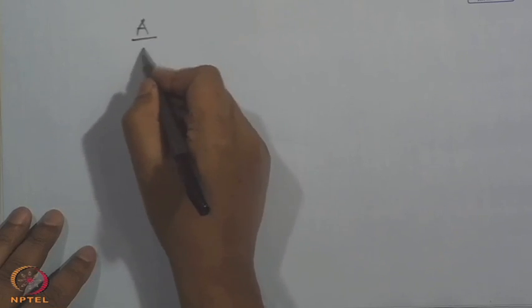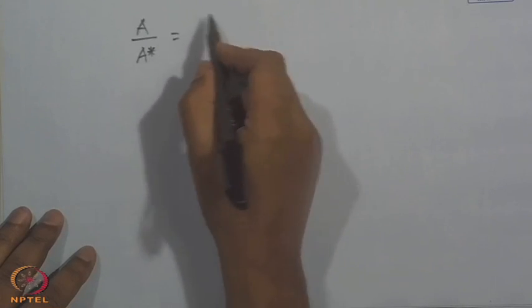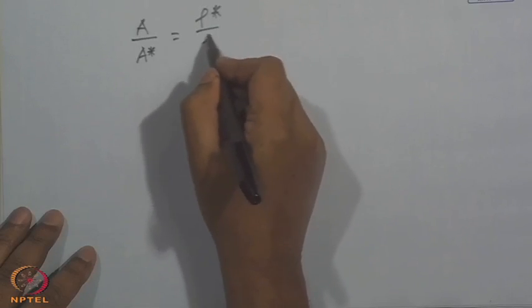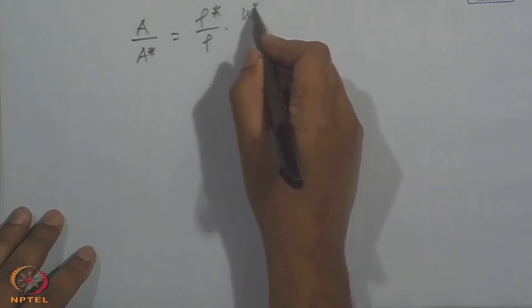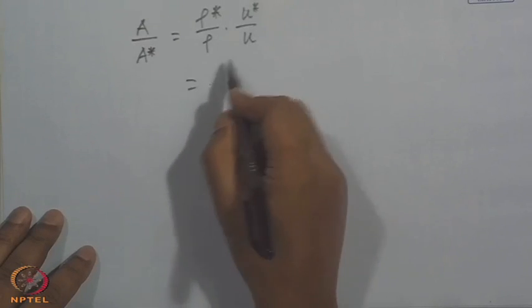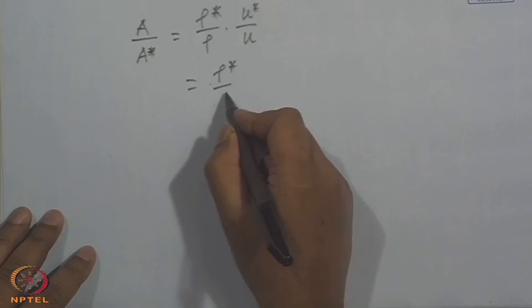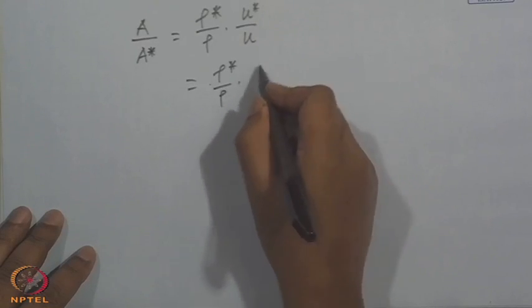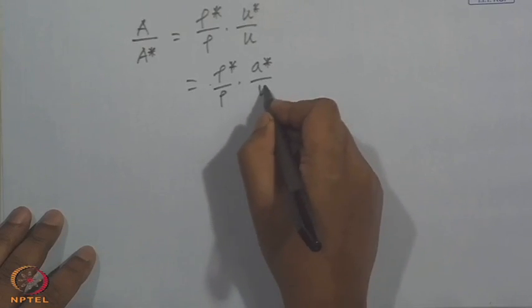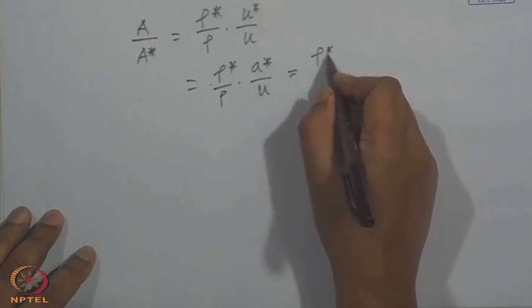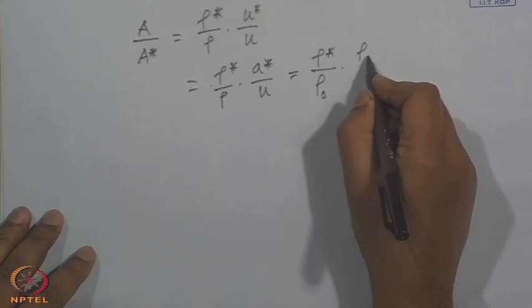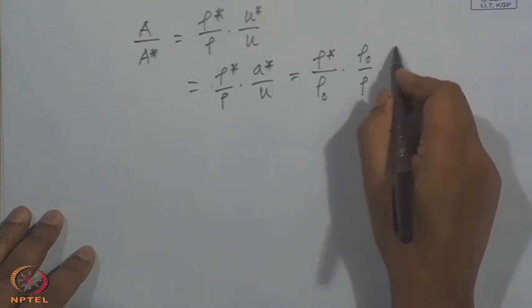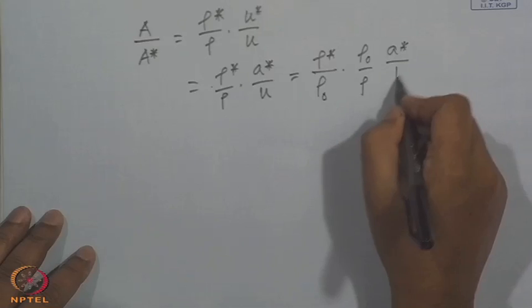Now, we can write this relation as A star by A, and these can be modified using the stagnation conditions, rho star by rho 0 into rho 0 by rho and a star by u.